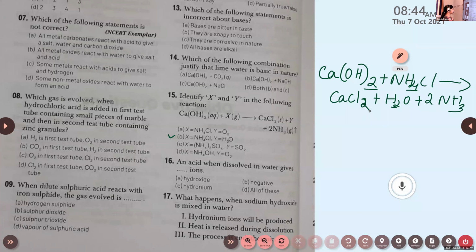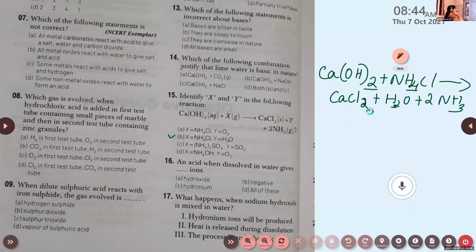Okay, then tell me, how can we balance this chemical equation? Ca(OH)2 plus NH4Cl gives CaCl2 plus H2O plus 2NH3. Here there are 8 hydrogen atoms on the right hand side and only 6 on the left hand side.